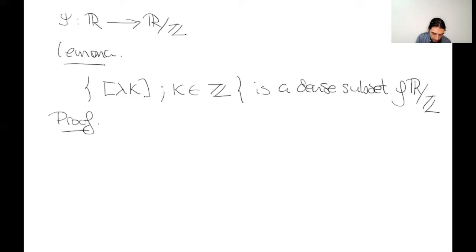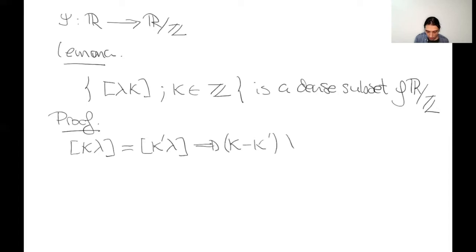Okay, so how do we do this? First of all, you have to realize that exactly the same as it happens for the torus, all these points are different. If the class of k times lambda is the same as the class of k prime times lambda, where k and k prime are integer numbers, that's going to imply that k equals k prime, because k minus k prime times lambda has to be an integer number.